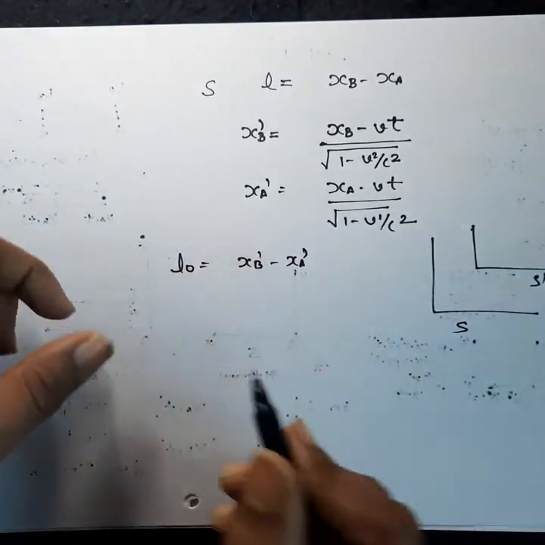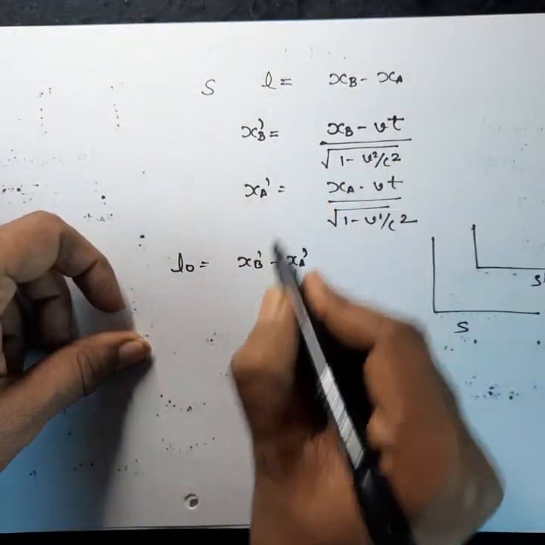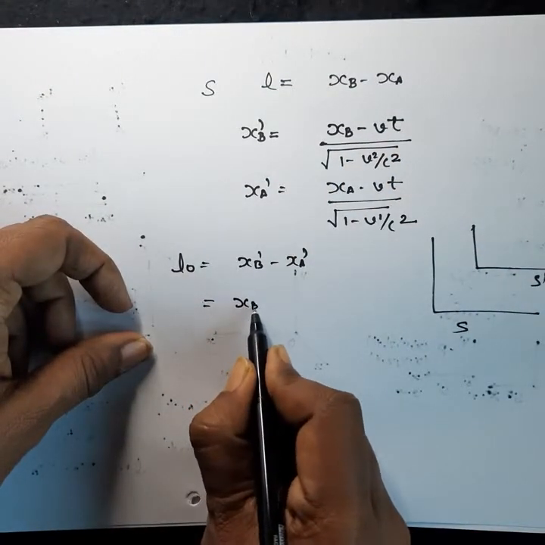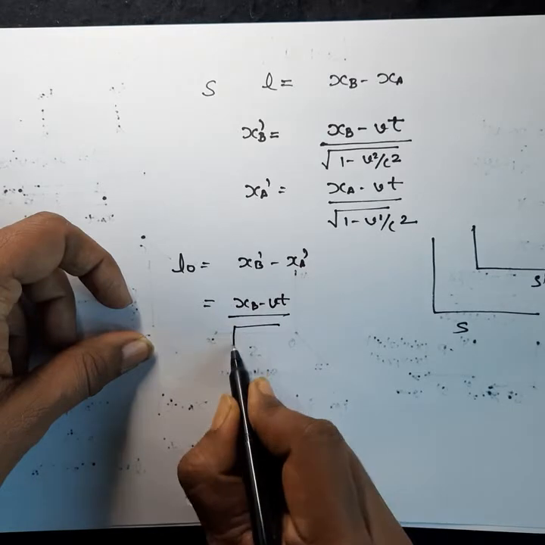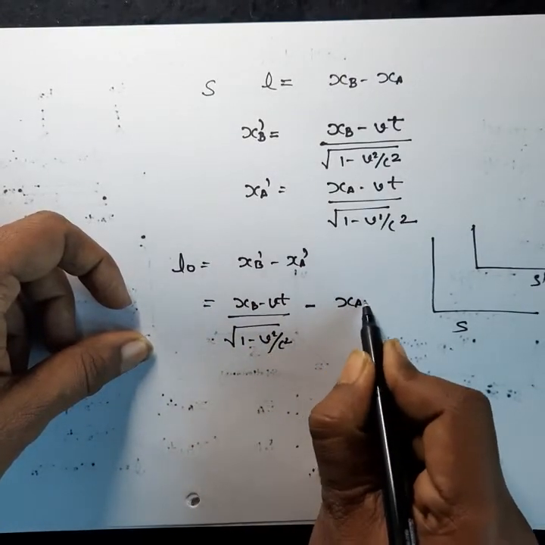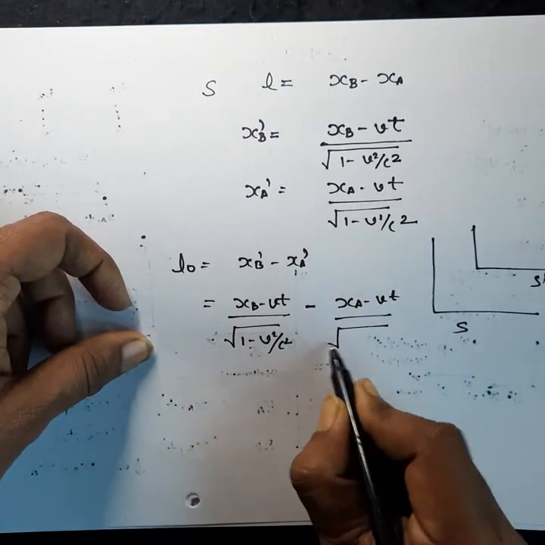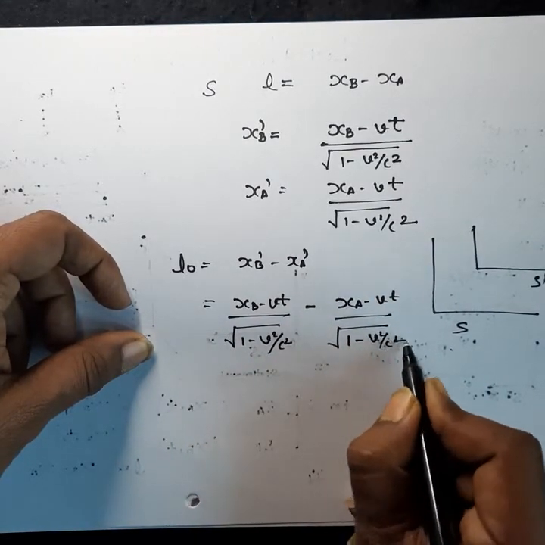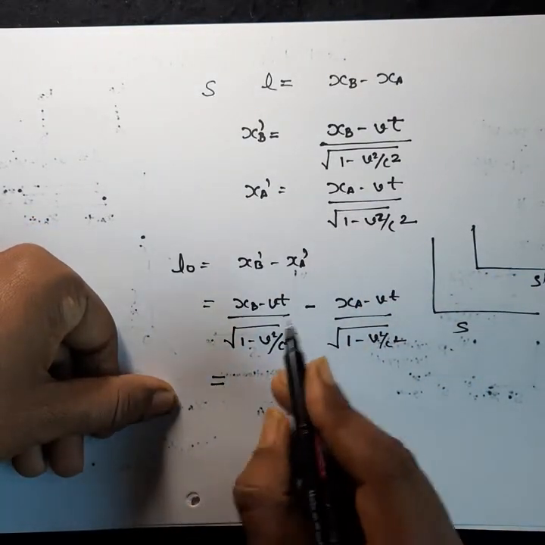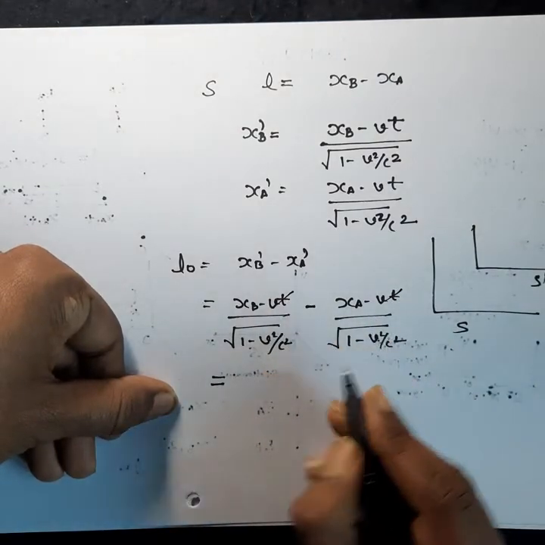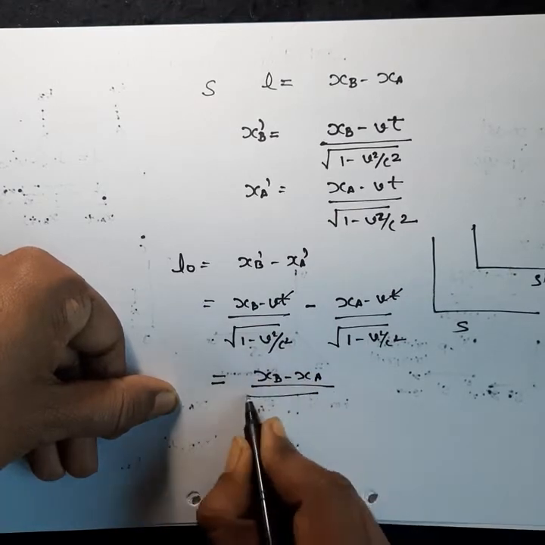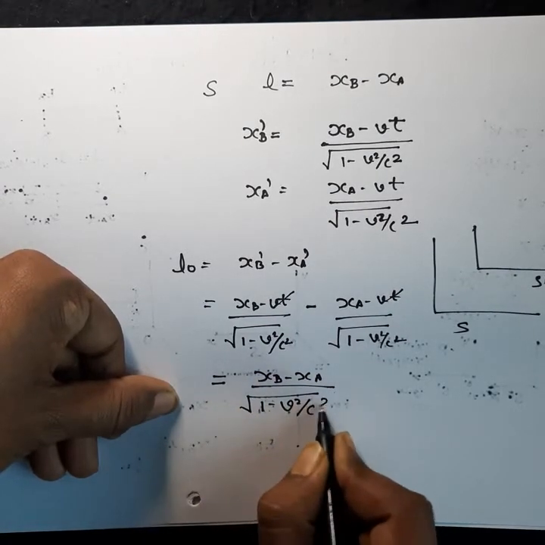So what you have to do is substitute its value here. What you will get is xb minus vt divided by root of 1 minus v square by c square, minus xa minus vt divided by root of 1 minus v square by c square.